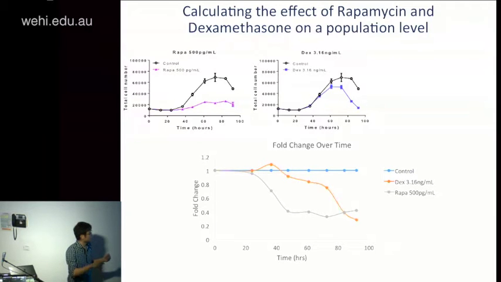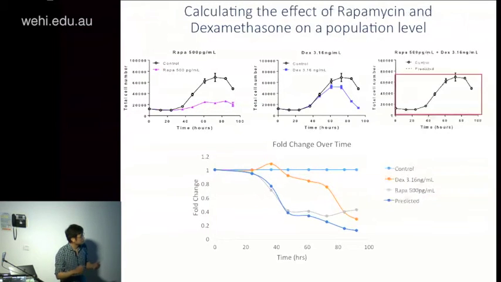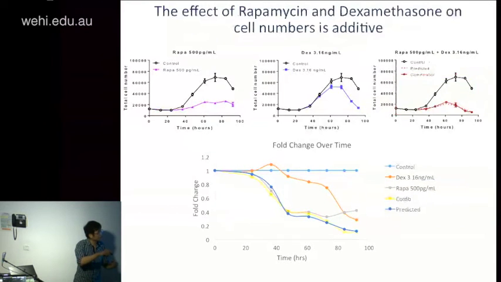Then if you normalize for dexamethasone as well, this is the fold change we get in dexamethasone. And then when we multiply these two effects, this is what we predict. If we apply this predicted fold change onto the control, this is what we expect the total cell numbers to be. And in fact, this is what we measure. So it's really nicely showing that these two effects of rapamycin and dexamethasone on the population level are additive.